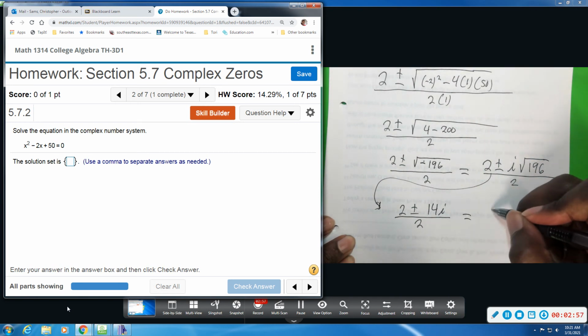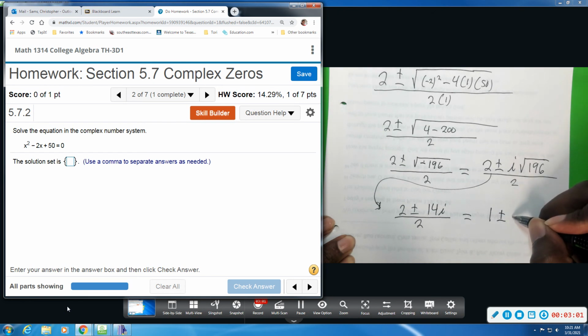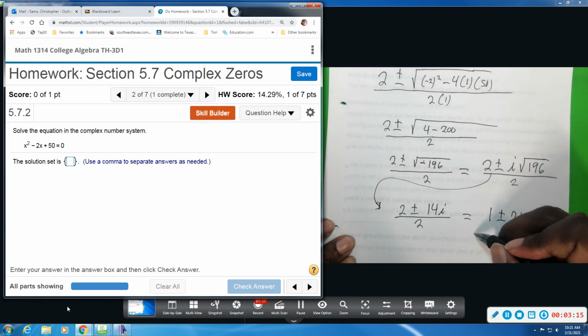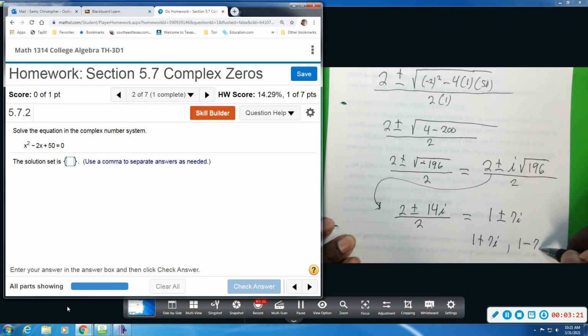So that would give us 1 plus or minus 7i. Okay, so it is important to notice that when you have an imaginary term, you will have 2 of them. One of them we get 1 plus 7i, and the other one is 1 minus 7i.